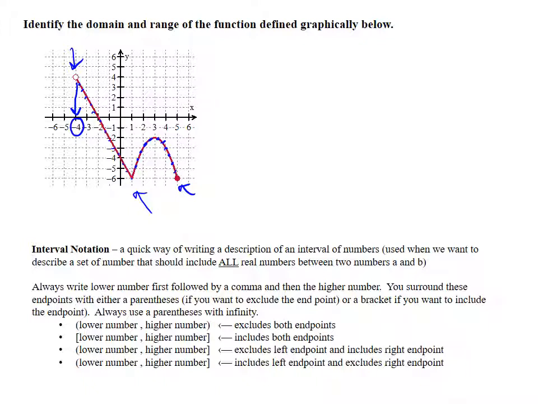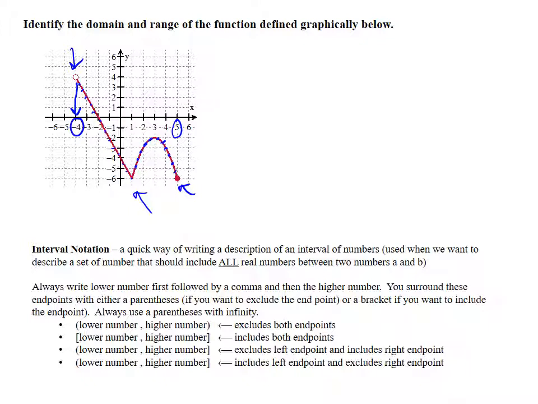And then on the right, the highest value of x we get to is over here at 5. So we have x values going from -4 to 5 because there is no break in the graph in that region. So the graph is continuous as we draw it from -4 to 5.